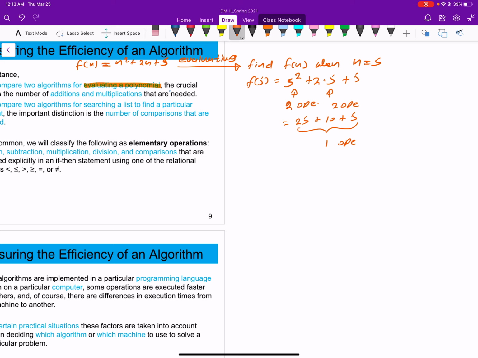Let me write the entire word, operation.